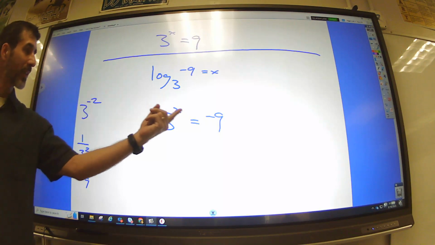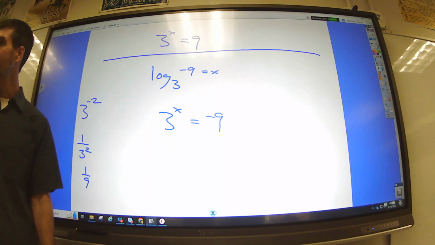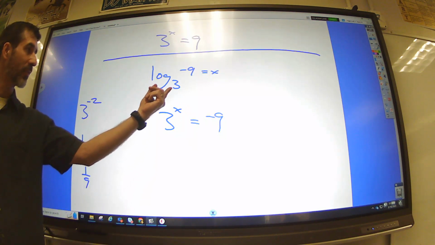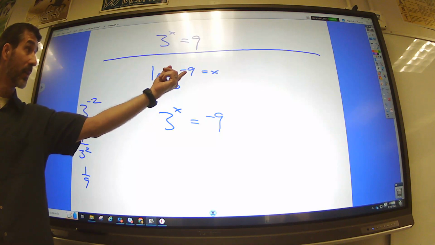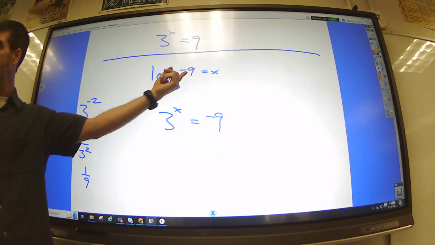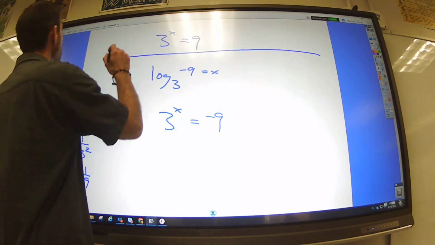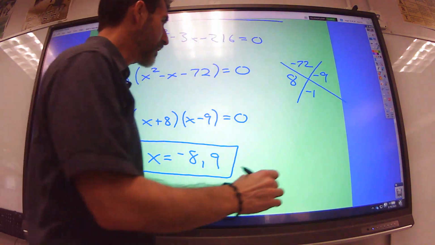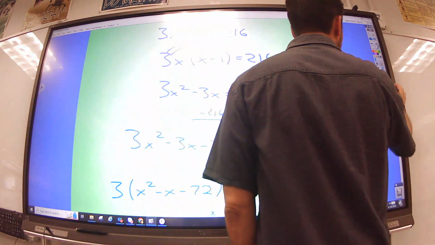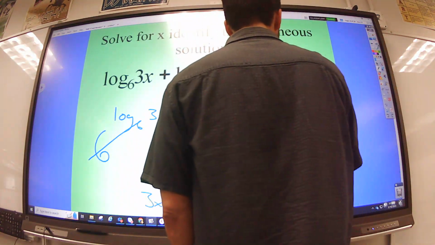So my two answers are negative 8 and 9. X equals negative 8 or positive 9. Now, what if I plugged in negative 8 here? What's 3 times negative 8? Negative 24, which makes this negative. Can this be negative?